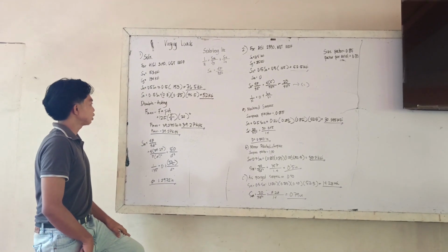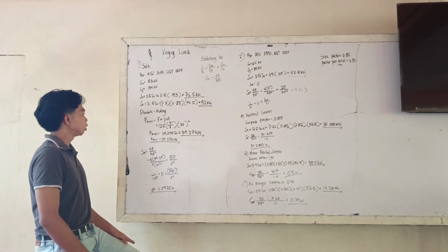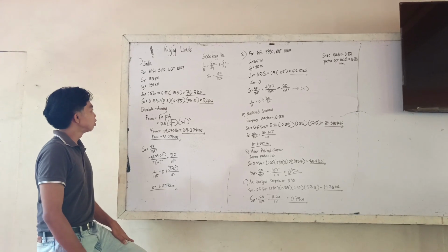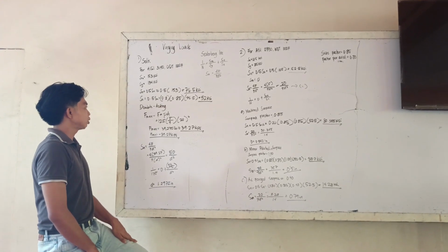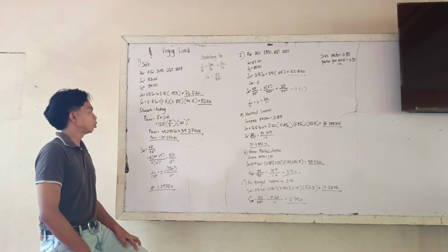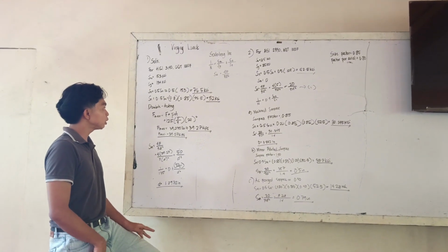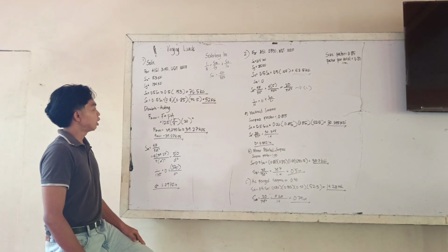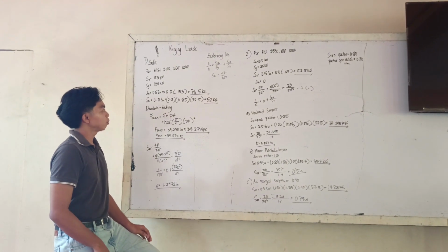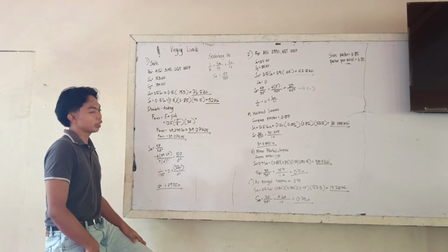And then next, Sn = 0.5 Su = 0.8 times 0.85 multiplied by 76.5. Then it will become 52 ksi.